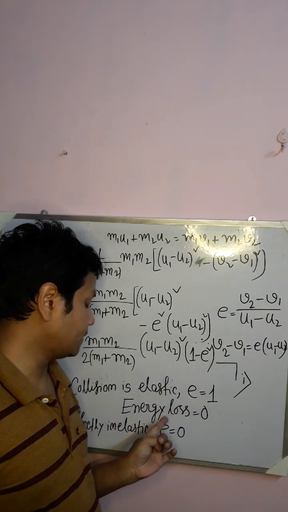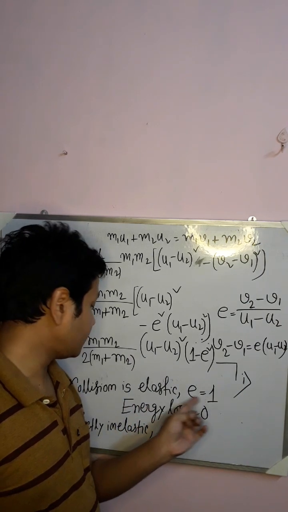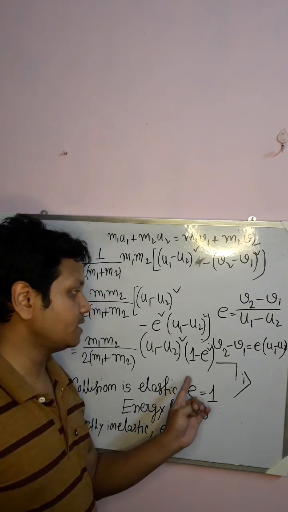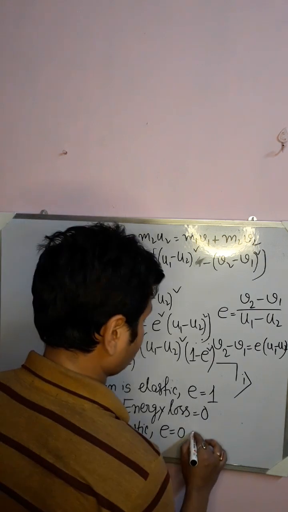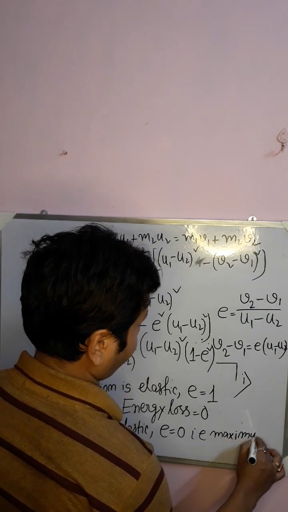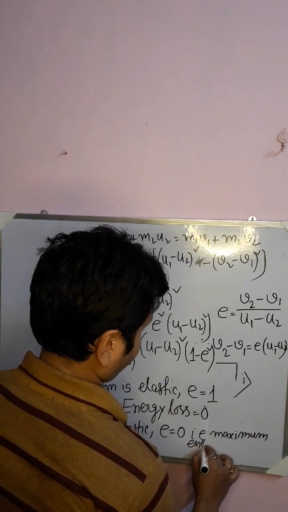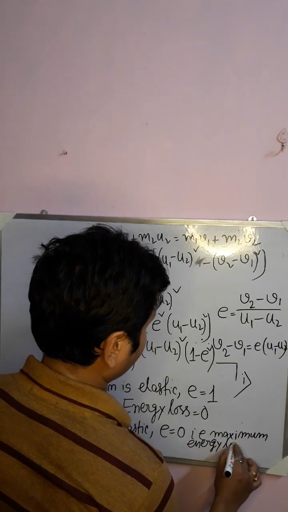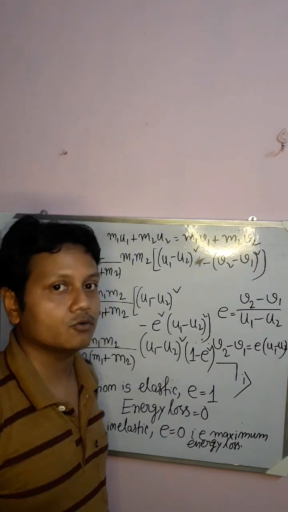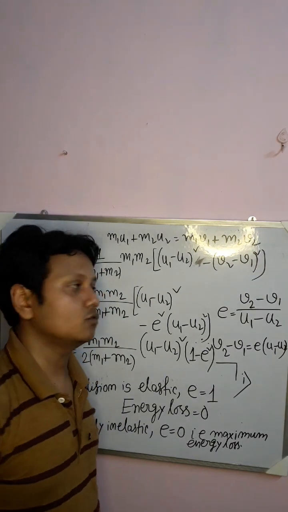For a perfectly elastic collision, e is 1, and for a perfectly inelastic collision, e is 0. That means there is a maximum energy loss. So in today's video I discussed the energy loss due to a collision.